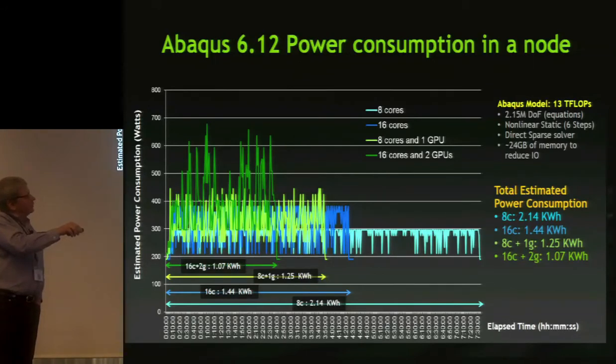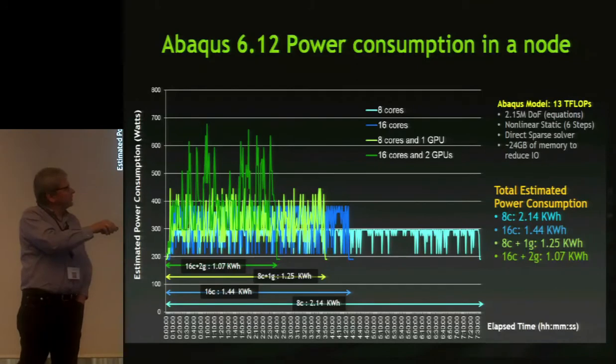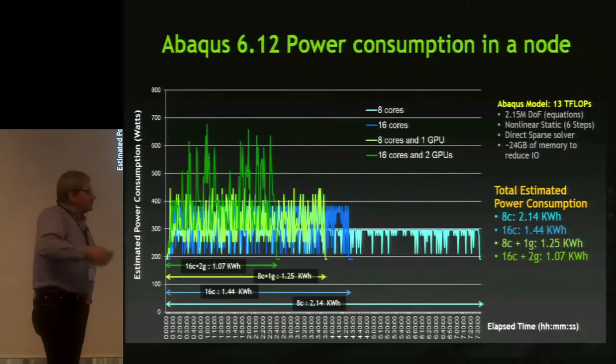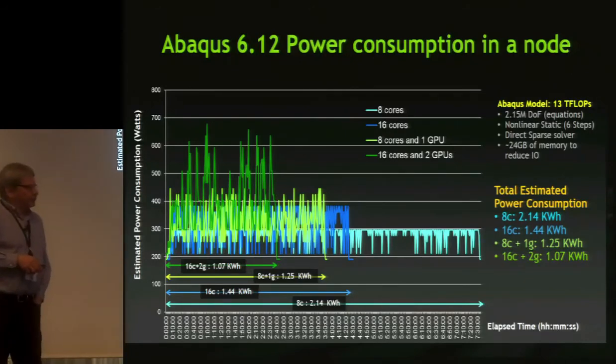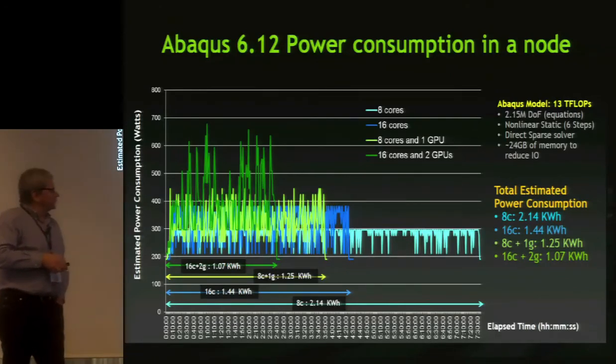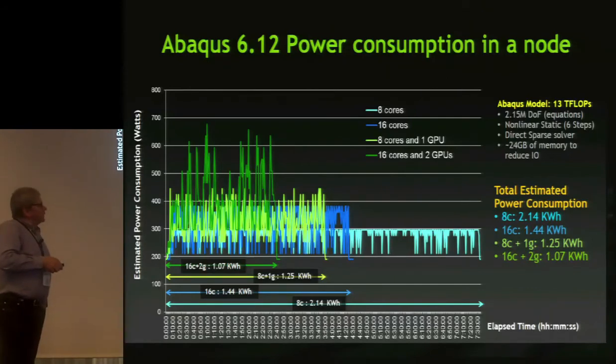With 8 cores plus 1 GPU, this run here, 1.25 kilowatt hours, and with 16 cores plus 2 GPUs, it's the fastest, and you need only 1.07 kilowatt hours. So this comes into play also when you are talking about total cost of ownership. Licensing costs, runtime, and power consumption are very important for the engineers.